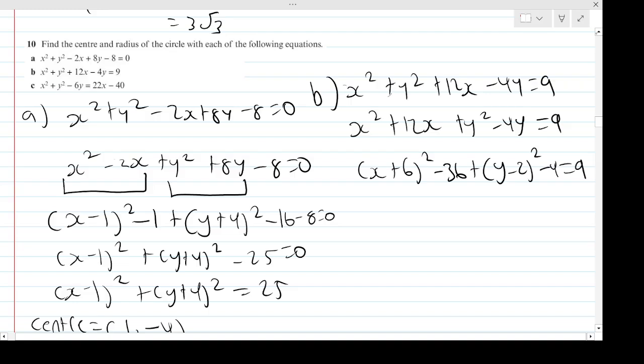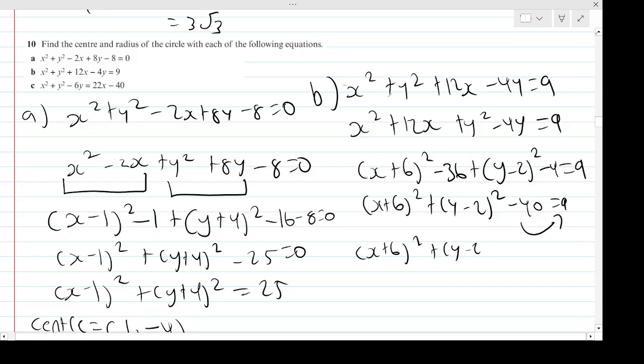Then we can collect the numbers. So we have x plus 6 all squared plus y minus 2 all squared, then minus 36 minus 4 is minus 40, equals 9. Then we can move that number to the other side, if you add 40, to get x plus 6 all squared plus y minus 2 all squared is equal to 49.